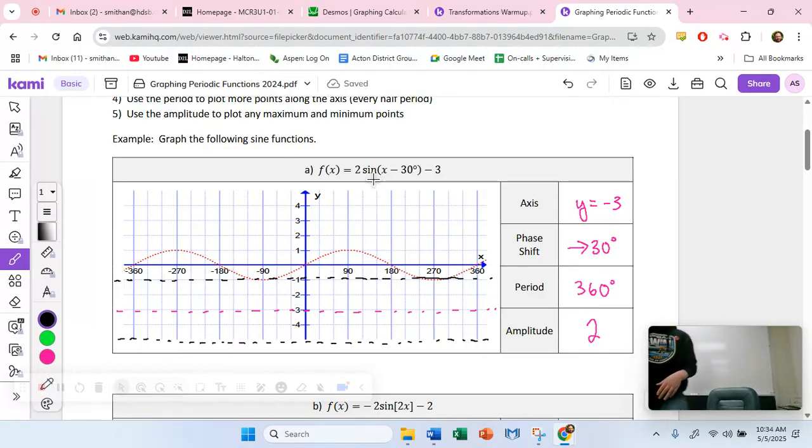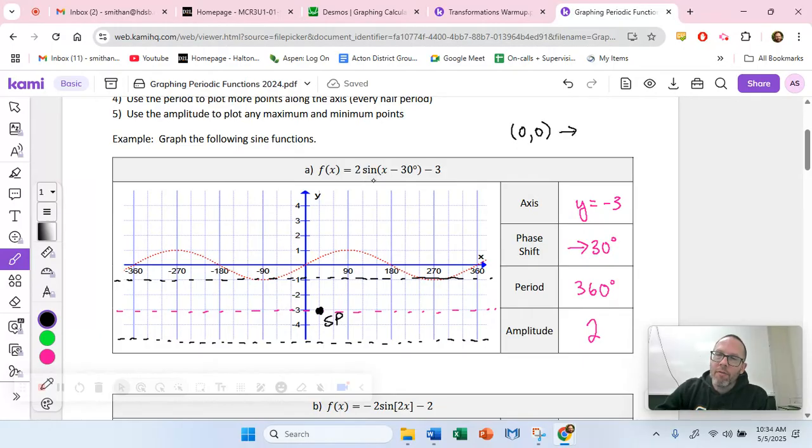So I'm going to, on my graph here, on my axis at 30 degrees, put a big dot here that I'm going to label SP for starting point. That's the key for the whole sketch. And then since I have some space here, maybe I'll write this. 0, 0 went to 30 because it moved right 30, and then -3. So that's where our graph's going to start.